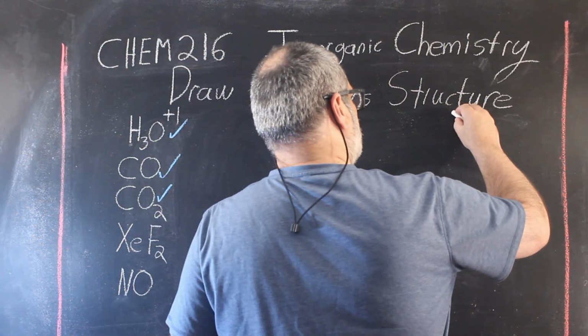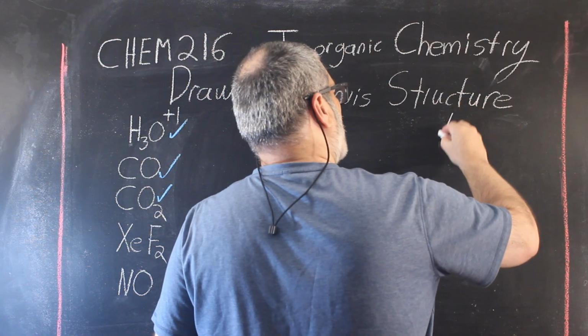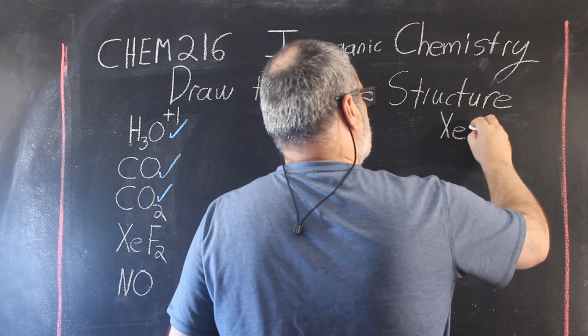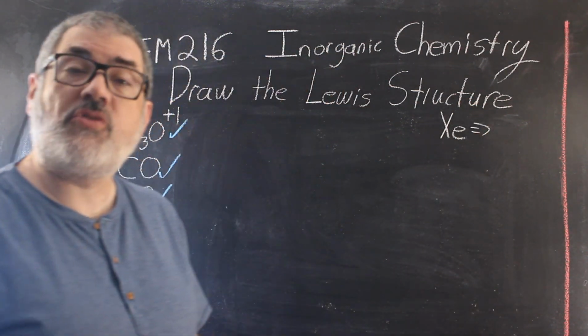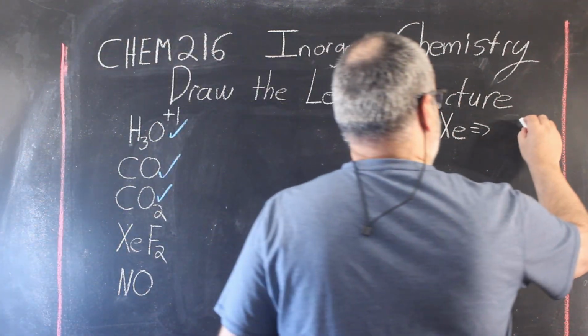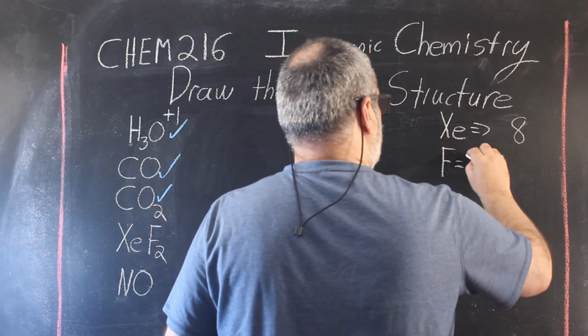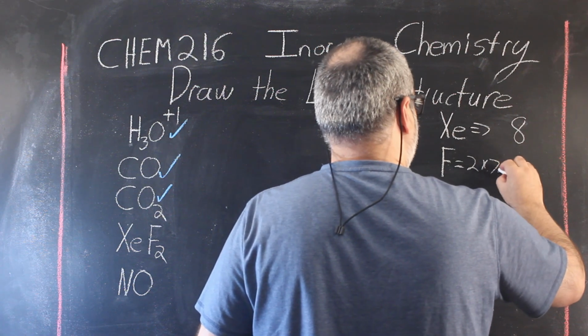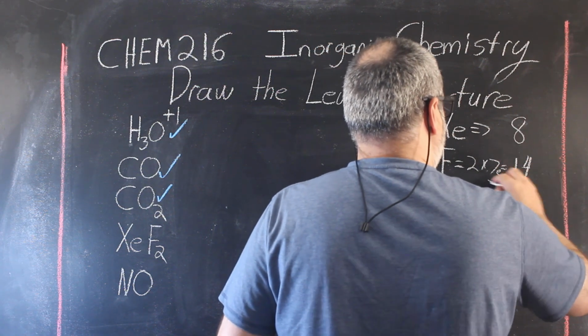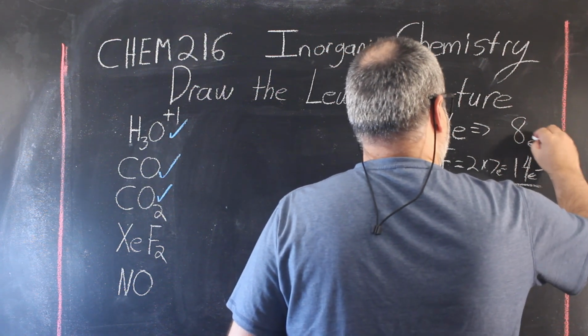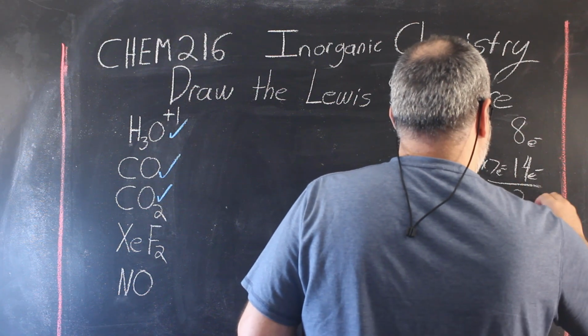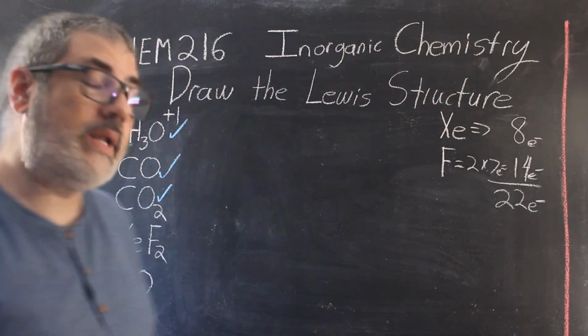Now, if we do our electron count, xenon is going to have 8 valence electrons. Fluorine, well, we have 2 of them, so that's 2 times 7. So that's 14 electrons. So we have a total of 22 electrons.